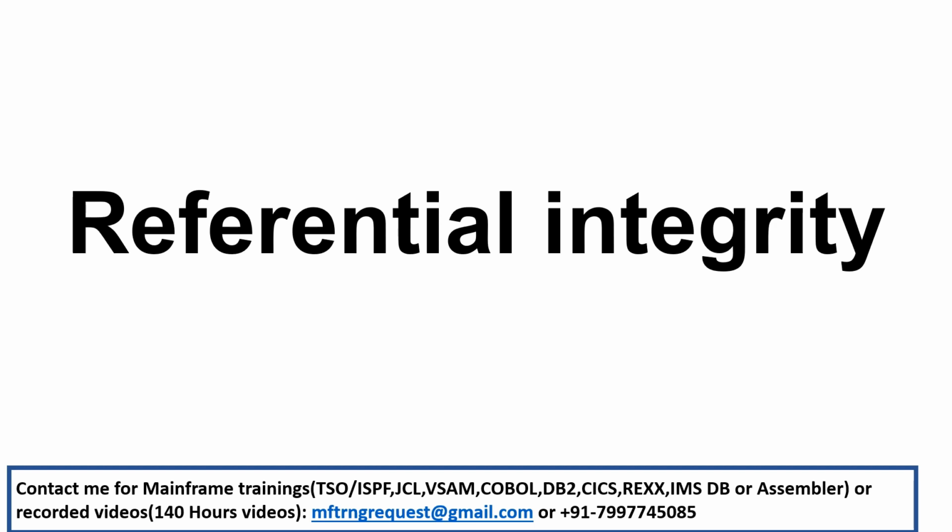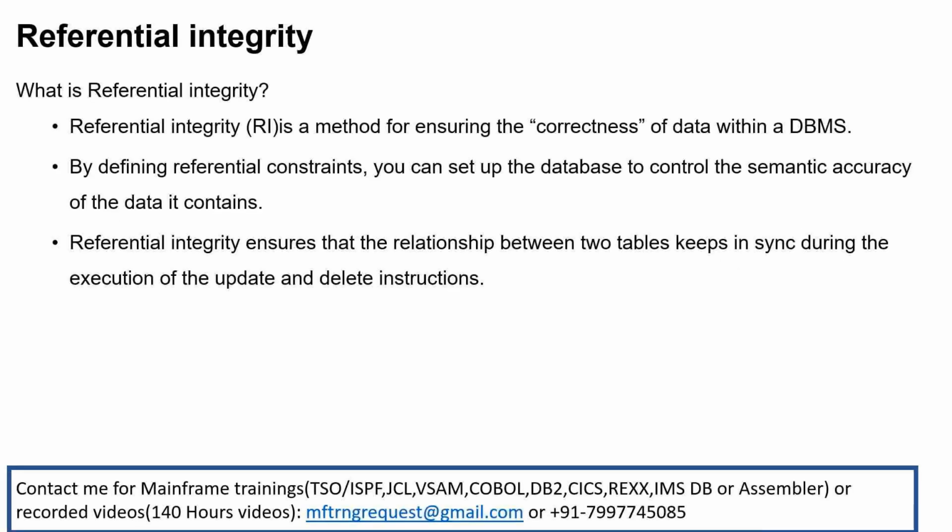First, let me explain what is referential integrity. Referential integrity is a method for ensuring the correctness of data within a DBMS. It is a generic topic. Referential integrity does not exactly belong to DB2 or Oracle.